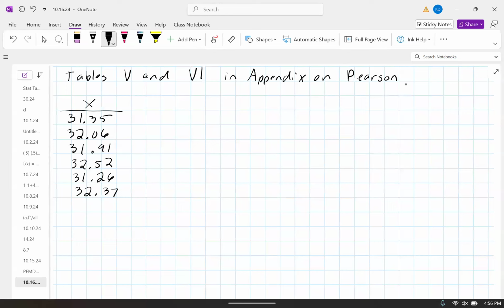Hopefully you wrote down steps because scrolling back and forth is going to be terrible. The first thing we want to do is take this data and rearrange it. I want the smallest value on top, the largest value on the bottom.